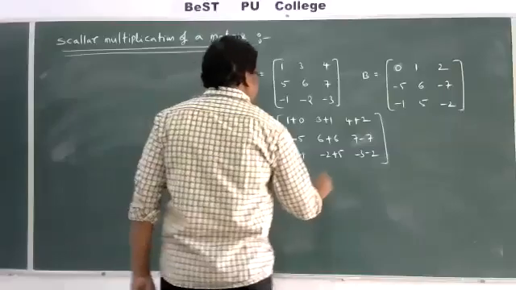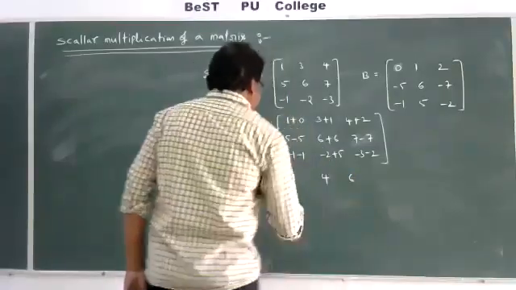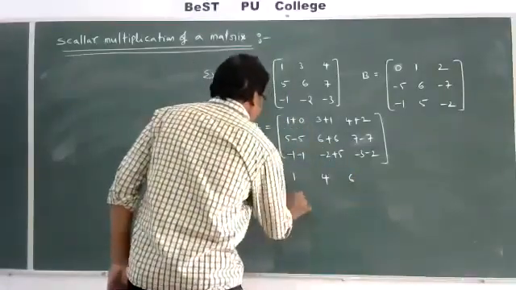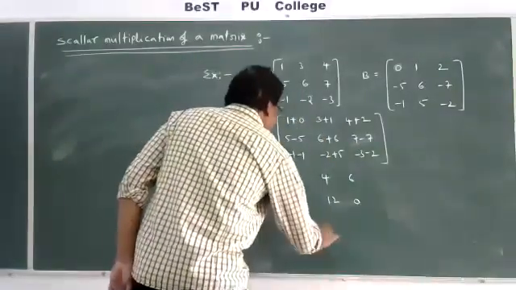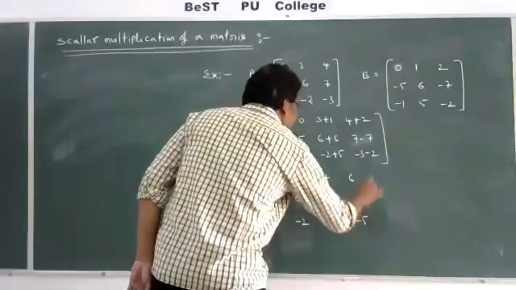Then you get 1, 4, 6, 0, 12, 0, -2, 3, -5.